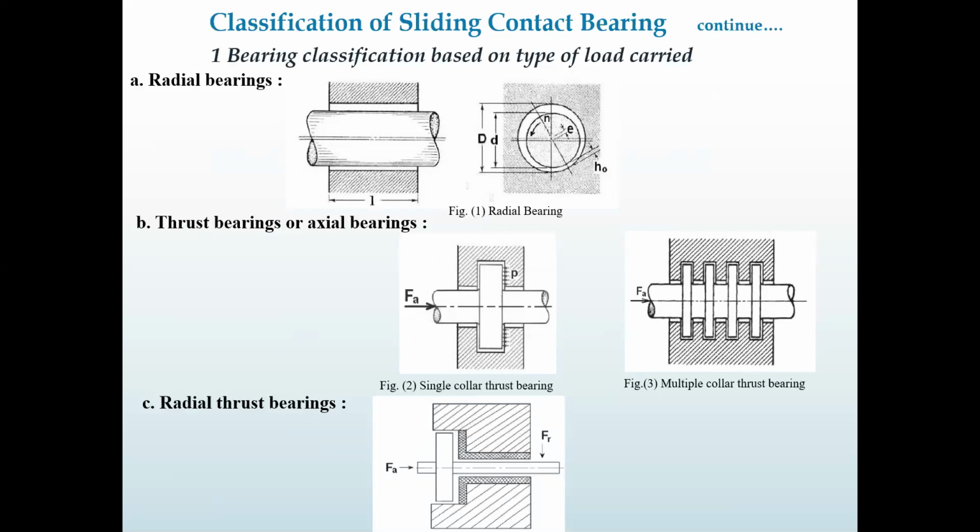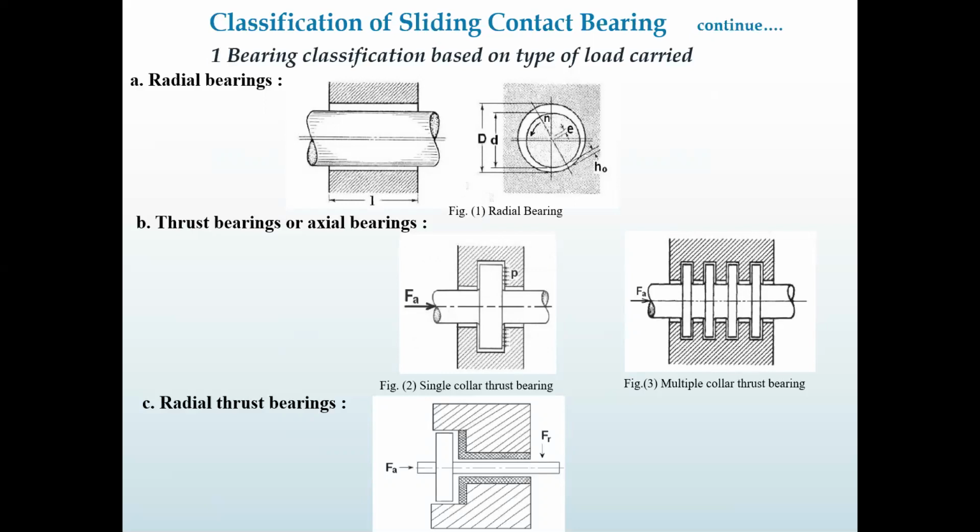Only one metal surface, or you can say a journal, is a part that can be inserted inside the hole, and on that the shaft is directly mounted. So here we can consider the radial bearing because it rotates only in one direction and carries a load only from the radial direction.